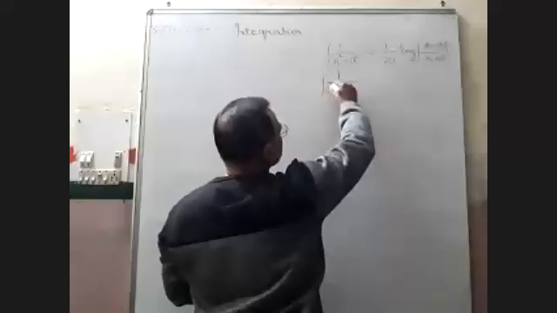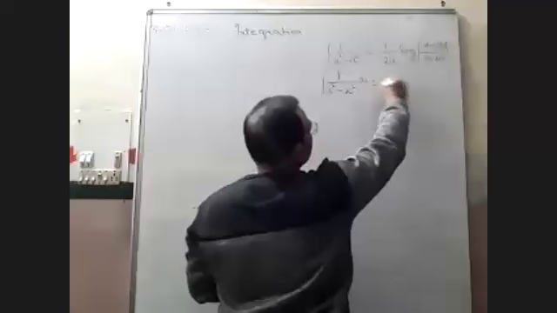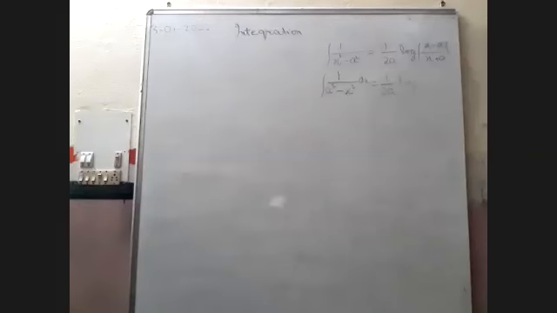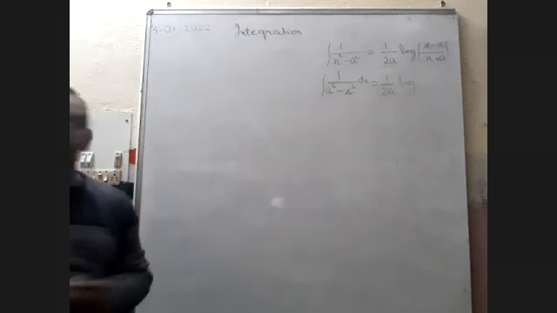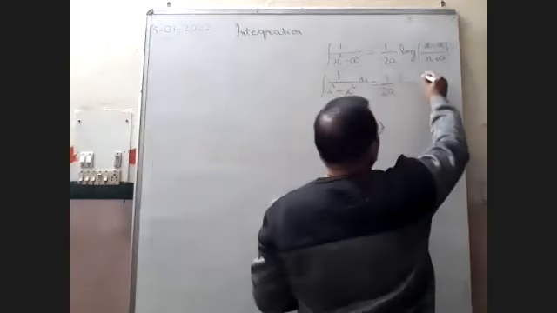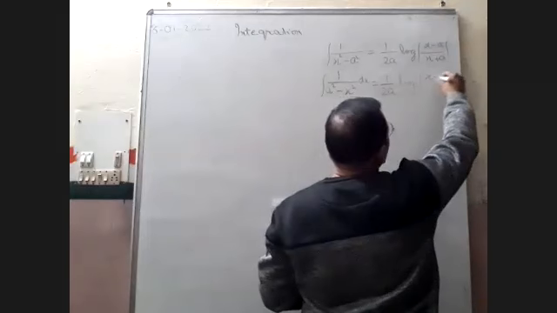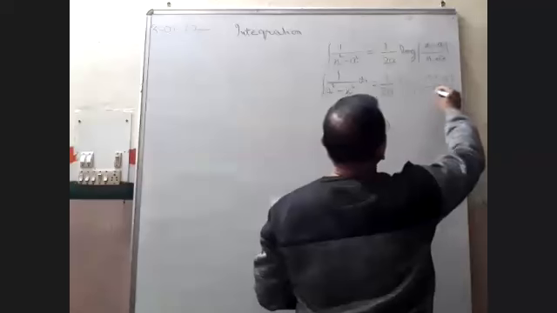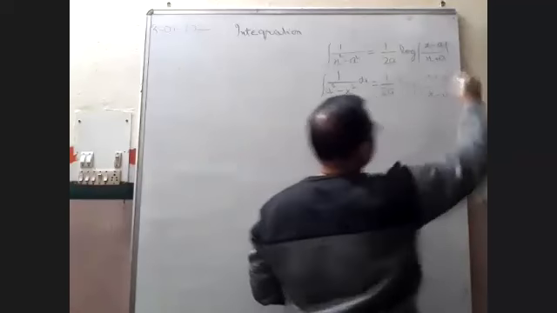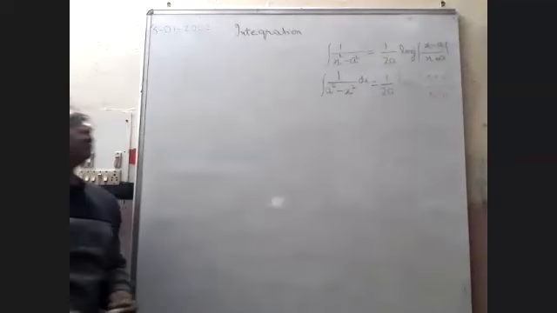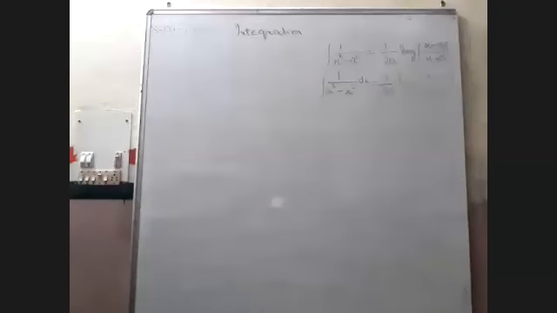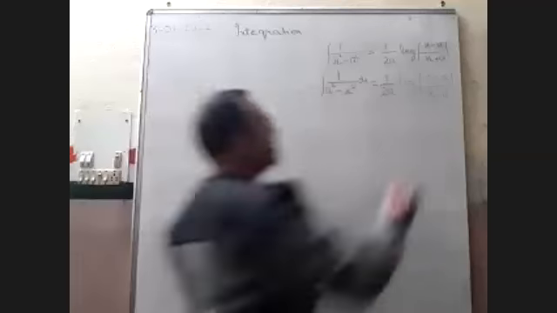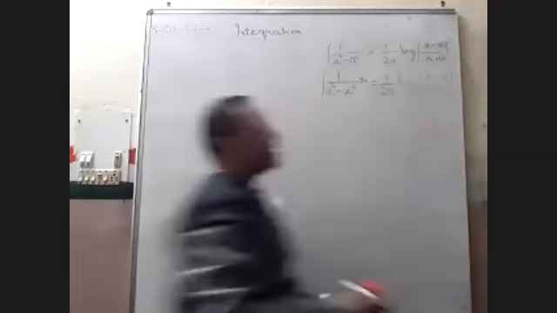It will become 1 upon 2a log of a plus x divided by a minus x. Here we are getting the plus term in the numerator and the minus term in the denominator. This is the difference. A plus x and a minus x, you can write here.